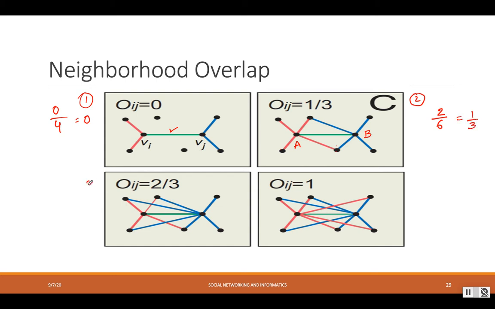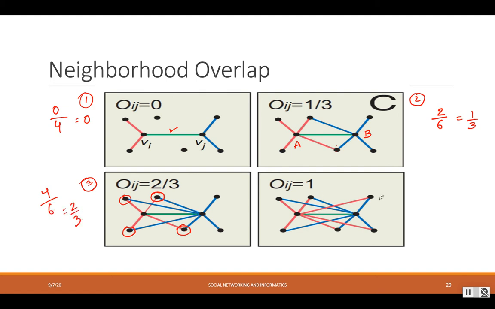From this example 3 we can say that the common neighbors A and B both have are 1, 2, 3 and 4, so 4 over the total number of neighbors either A or B has, 1, 2, 3, 4, 5, 6, so 2 by 3.